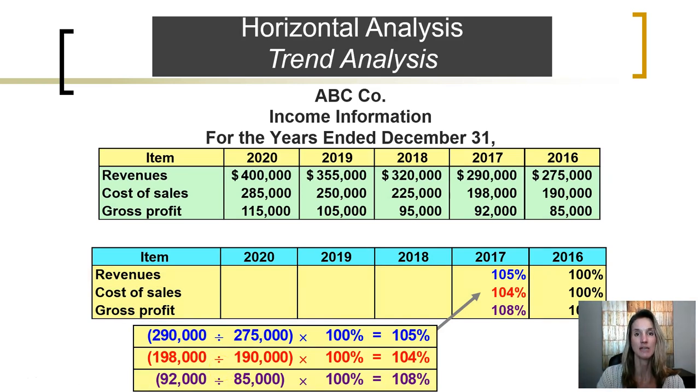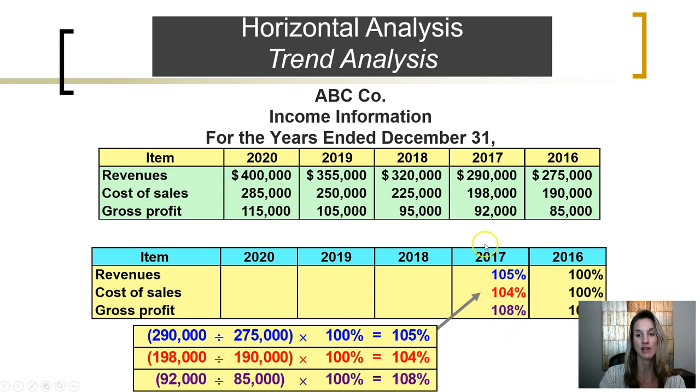To calculate the percentage change from 1 year to the next, we will use the base year and divide it into the current year results. Revenues of $290 in 2017 divided by the base year of $275 multiplied by 100 gives us a 105% change in revenues from 2016 to 2017.